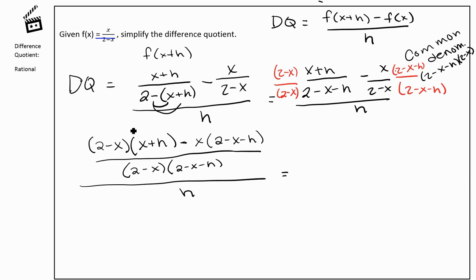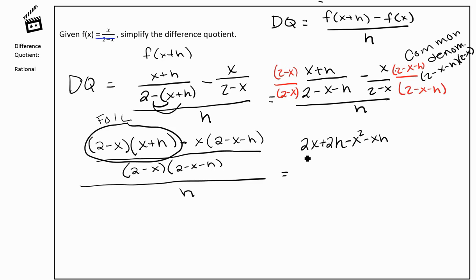Okay, so we're going to start by FOILing out this expression. The first terms will give us 2 times x, 2x. The outside terms will give us 2 times h. The inside terms will give us minus x squared. And the last terms will give us minus xh.